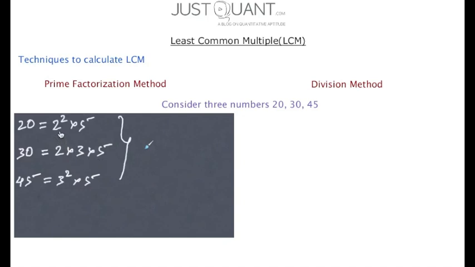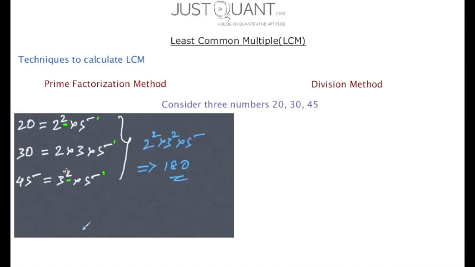Now the highest power of 2 is 2 square, highest power of 3 is 3 square, and the highest power of 5 is 1, right? So now taking the product of 2 square and 3 square and 5, we get the LCM of 20, 30 and 45, which is 180.